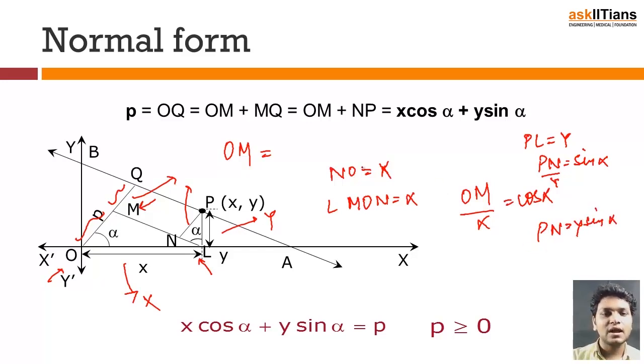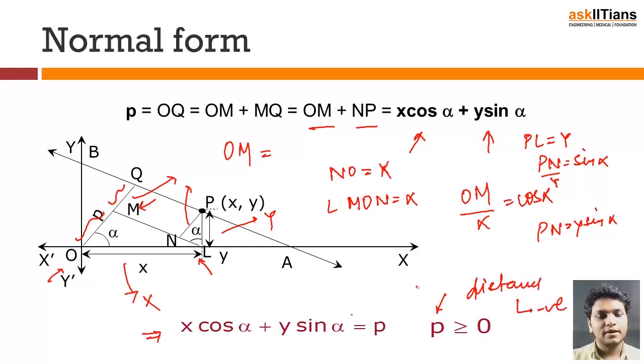Hence we can say that OQ will be nothing but OM plus NP, and this is X cos alpha plus Y sin alpha, that will be equal to P. So the final format of this line is going to be X cos alpha plus Y sin alpha equal to P, where P is greater than or equal to 0, as this was distance and distance can never be negative.